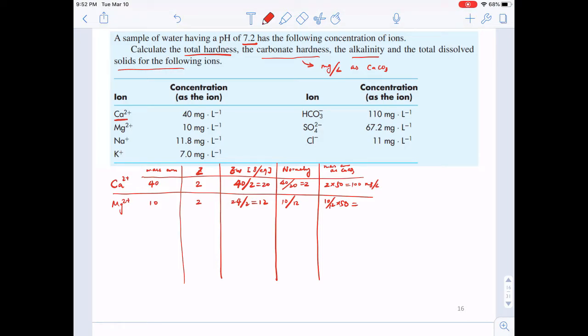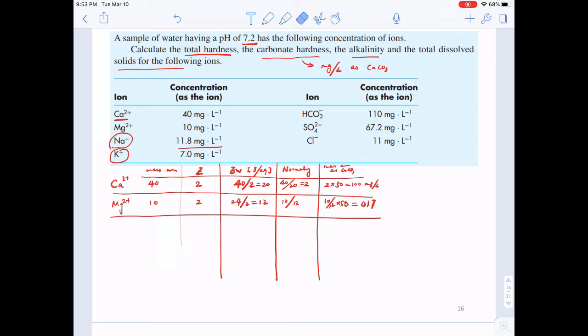After we're done with the calculation, that is 41.7, okay?